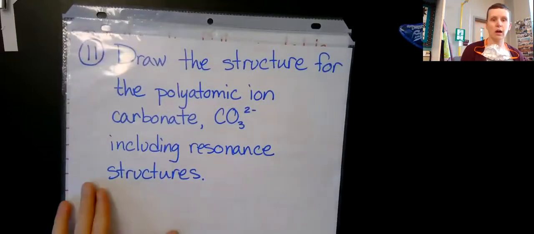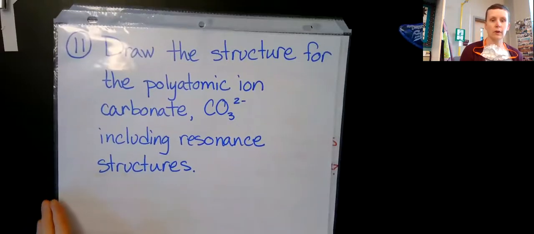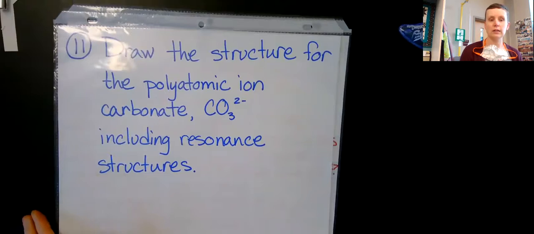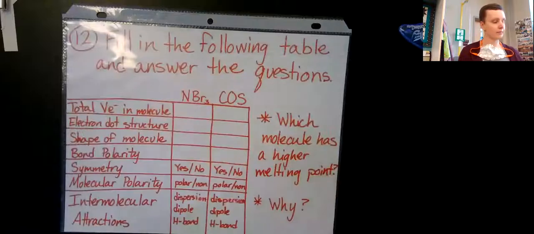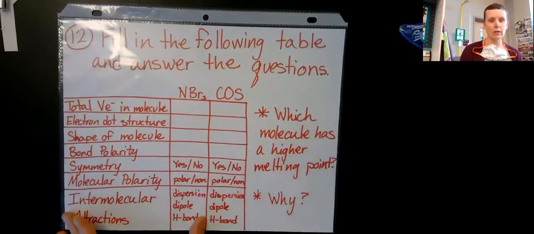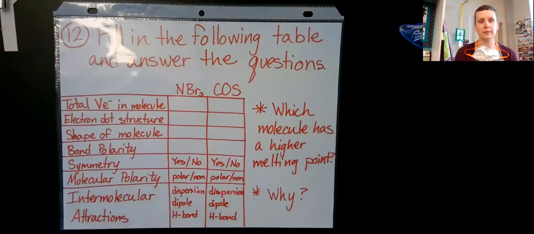Number 11, draw the structure for the polyatomic ion carbonate, including resonance. And number 12 is our shapes lab table. So again, it looks like more questions because it goes to 12, but it's not more questions, it's the same number.